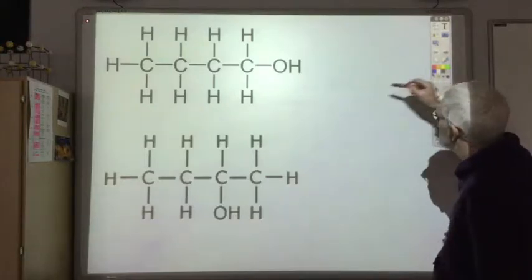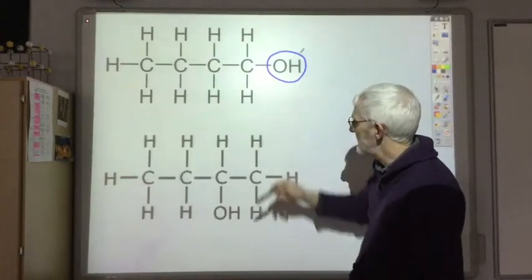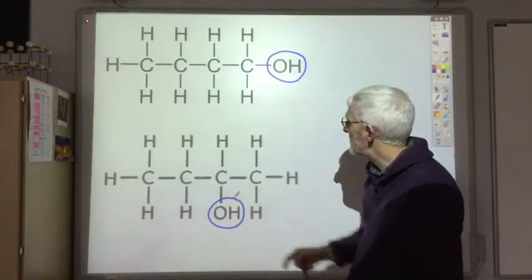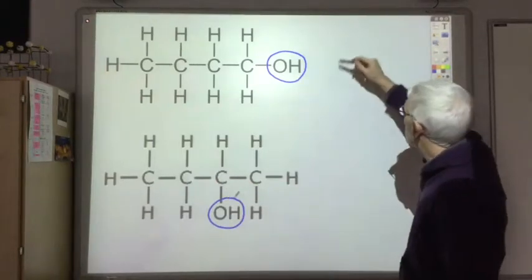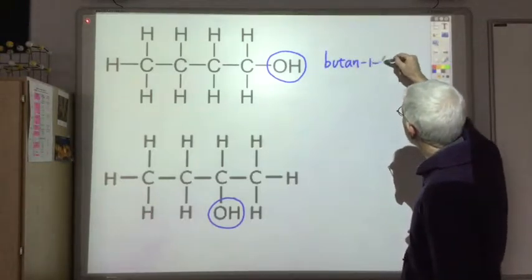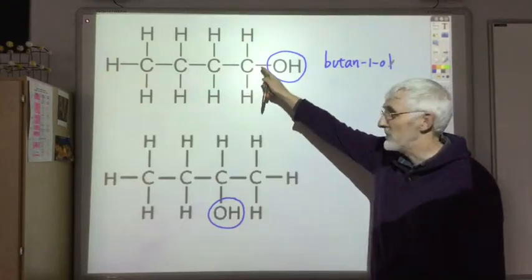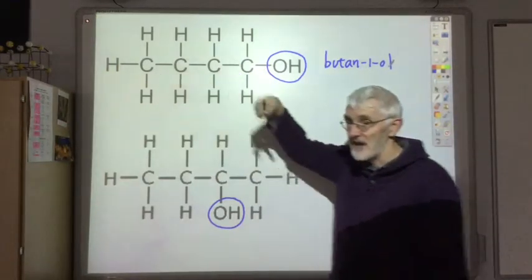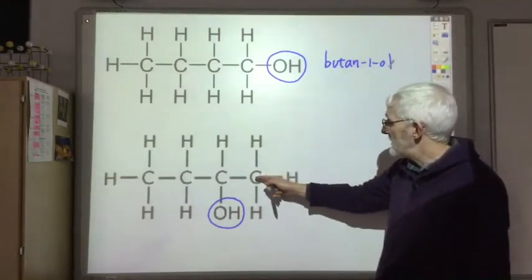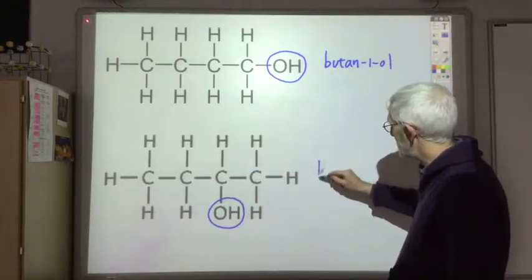In the top example, the OH group is on the end carbon, whereas in the bottom example the OH group is on this carbon. So the first one would be butan-1-ol, because the OH is on the first carbon. We number from this end, not from this end. You always try to get the number as small as you can get. And this one, the OH is on not the first but the second carbon, so this is butan-2-ol.